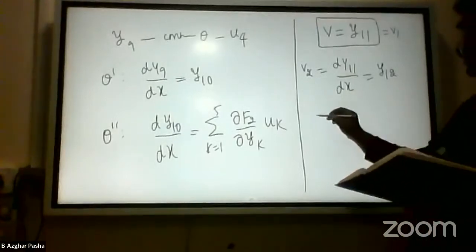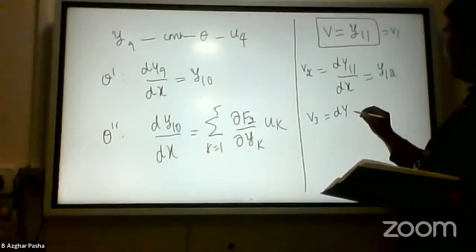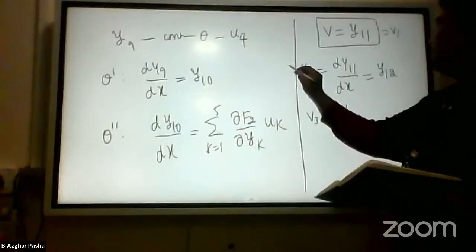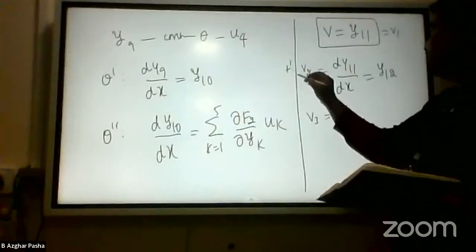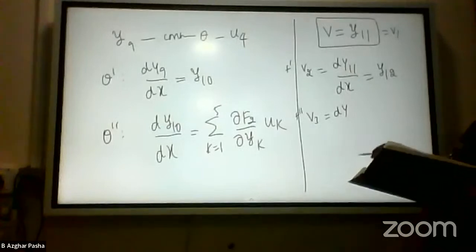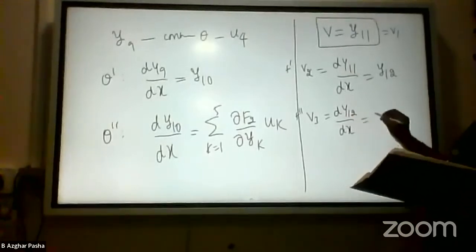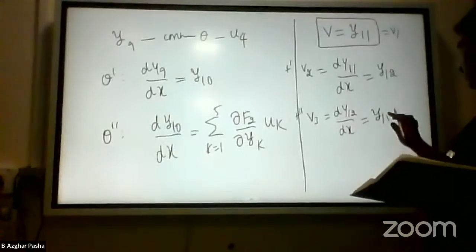Next, V double dash, that is V3. This is corresponding to F, F dash, and this is corresponding to F double dash. dY12 by dx, call it Y13.